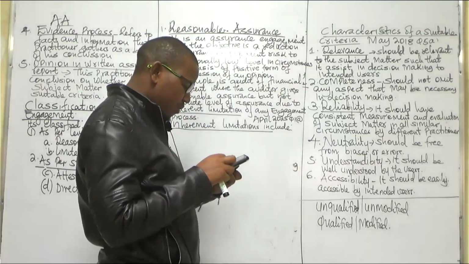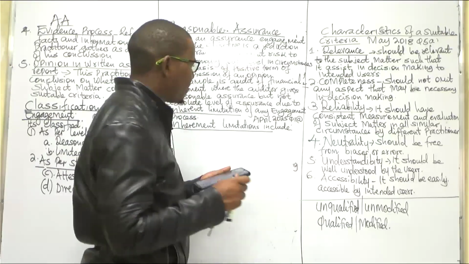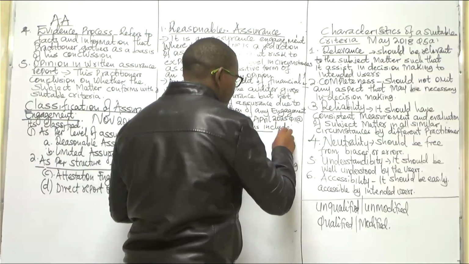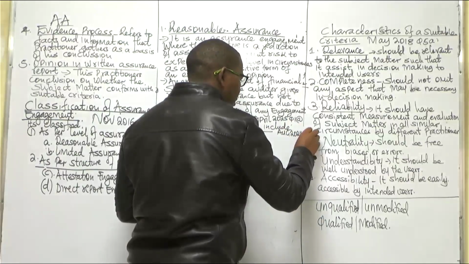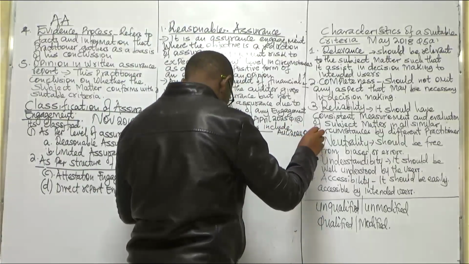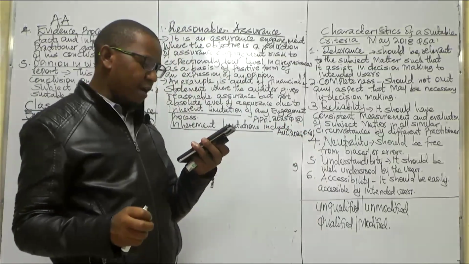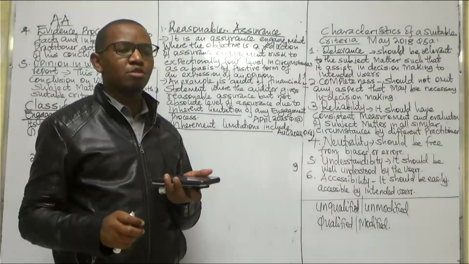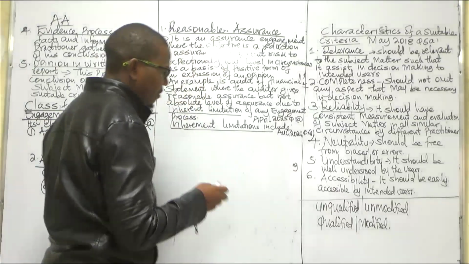It was also there in the sitting of August 2024, question 1A, where you were to highlight 5 inherent limitations of an audit. So it's just one and the same thing.